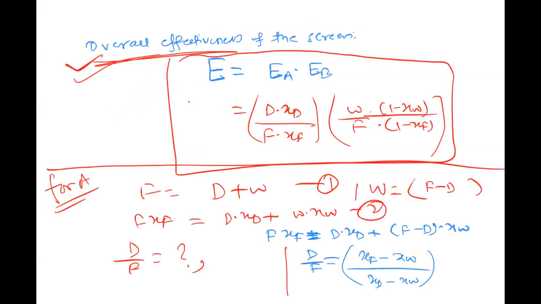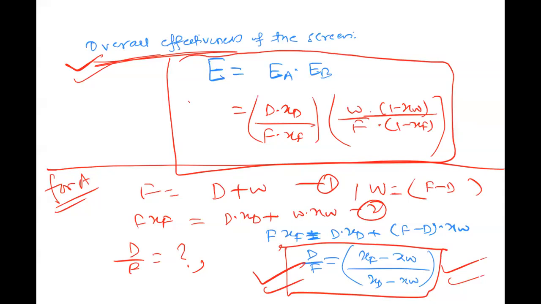So I'm asking, is it correct or wrong? D by F equal to XF minus XW by XD minus XW. Is it correct or wrong? Correct. Okay, write this.